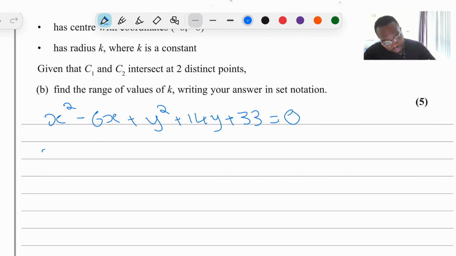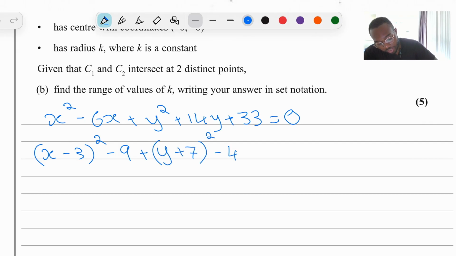So we get an (x minus 3) squared, and then we get a minus 9 coming out of that. We get a (y plus 7) squared, and we get a minus 49 coming out of that, plus the 33 equal to 0. So we get (x minus 3) squared plus (y plus 7) squared.